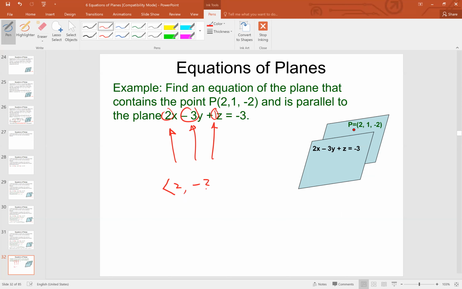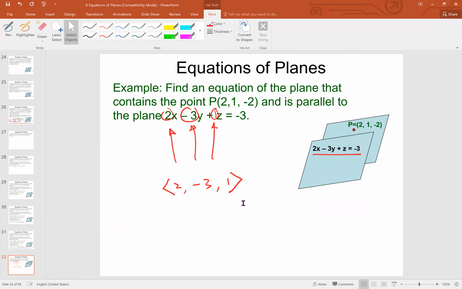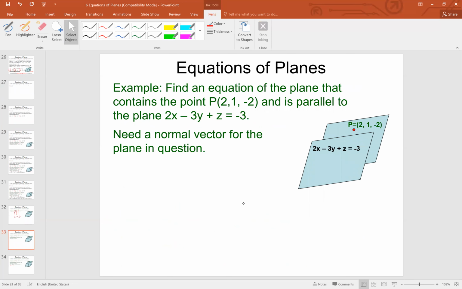This must be the normal, because in order to get these equations, it must come from this set of equations. It fixes the coefficients. Anything normal to the plane has the coefficients A, B, C, and these A, B, C tell you what the normal is. So in this case, the normal is (2, -3, 1).